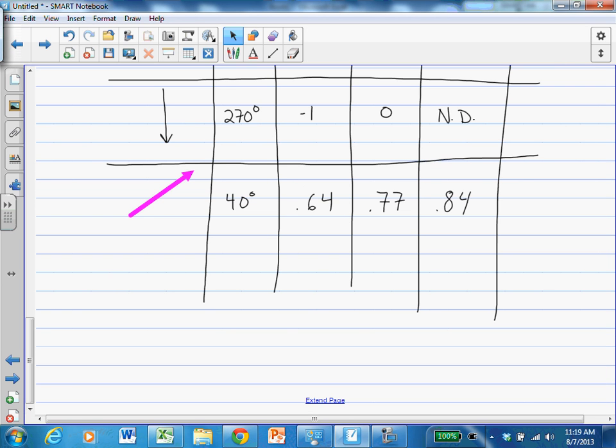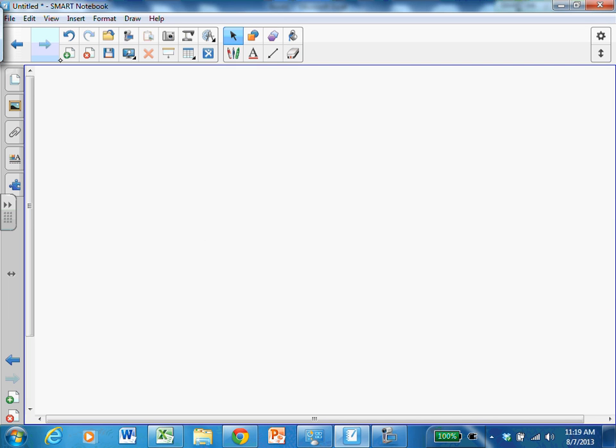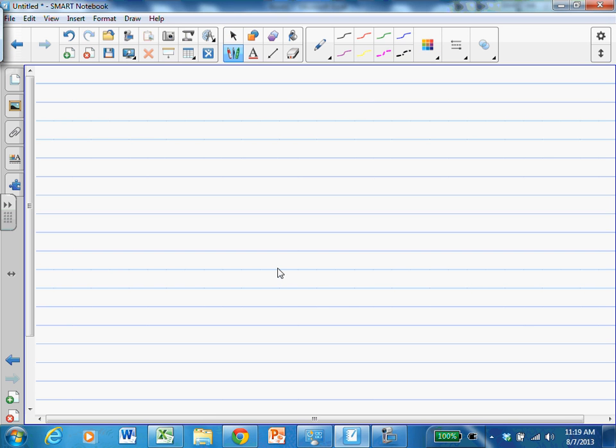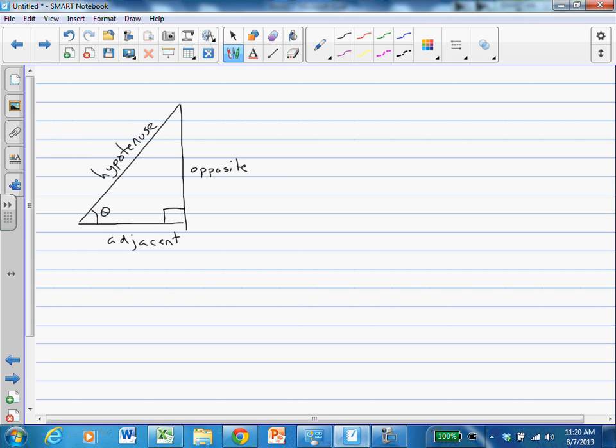Okay, so now if we take our triangle again, where we had theta, the opposite, the adjacent, and the hypotenuse, now we've written the trigonometry ratios, we could compare those to vectors, where we have a resultant vector.